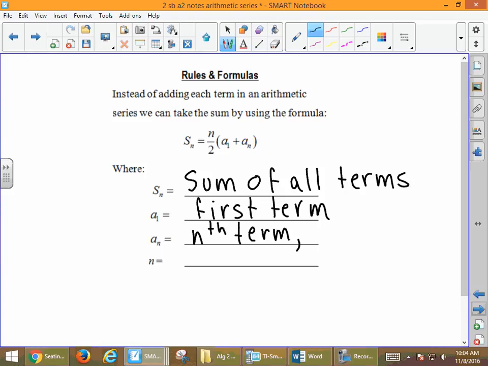And for the most part for us, that's going to be our last term. And finally, what is n? Well, it's how many terms we have.